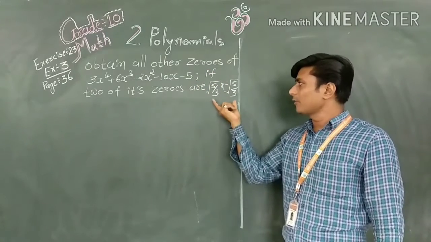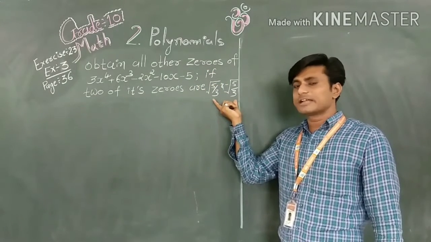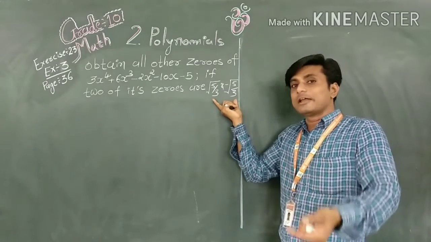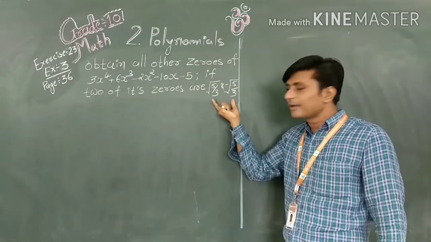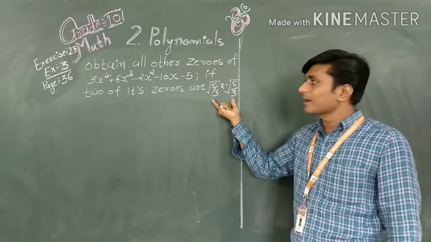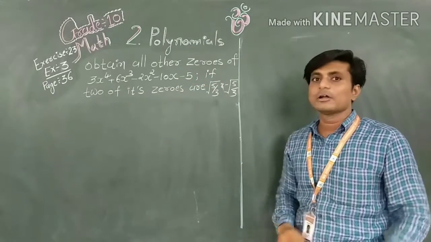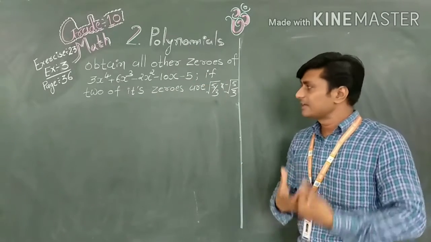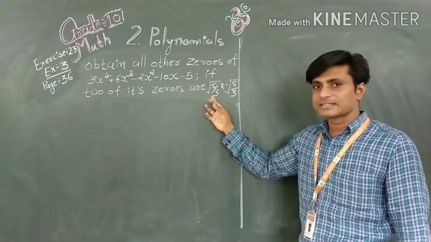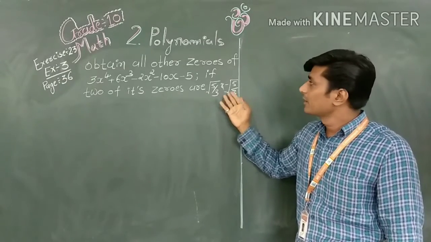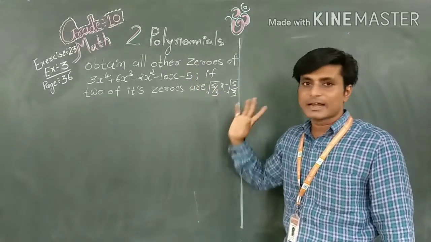Okay, you all know what zeros are. Zeros, that means we say roots, or we say the value of x. This is the value of x which is already given for this polynomial. Therefore, first of all we start. Let x is equal to this and x is equal to this, because zeros are given.